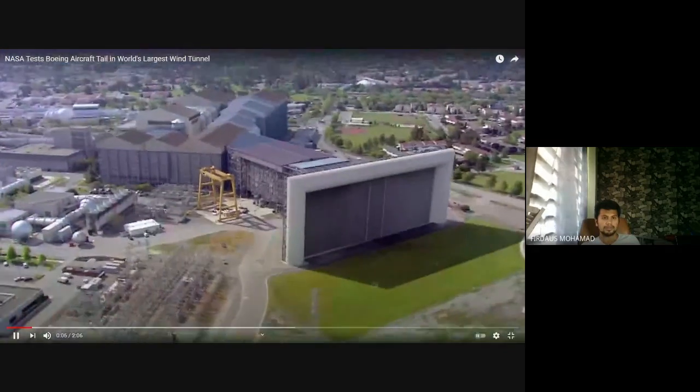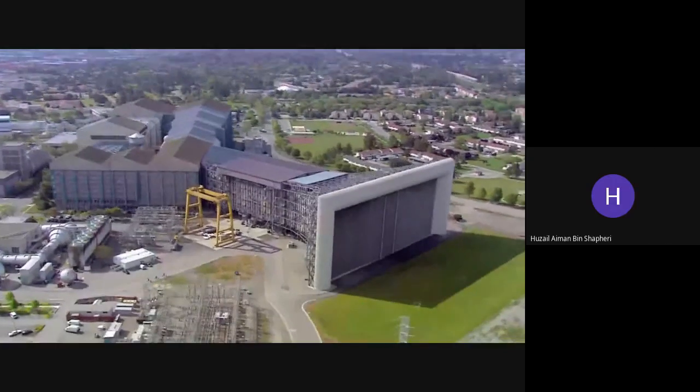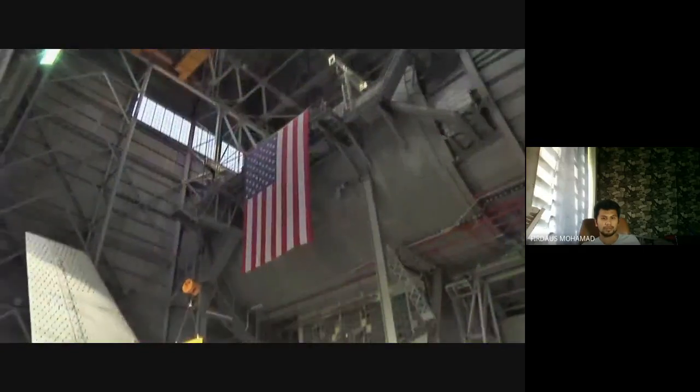Boleh nampak? Okay, so this is wind tunnel for Boeing, NASA.